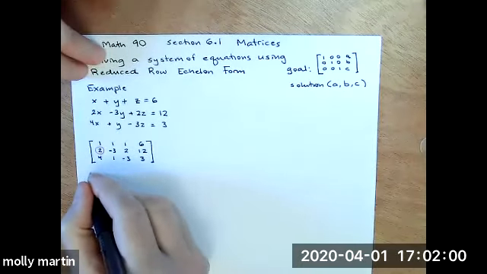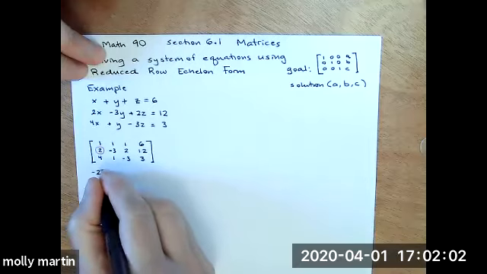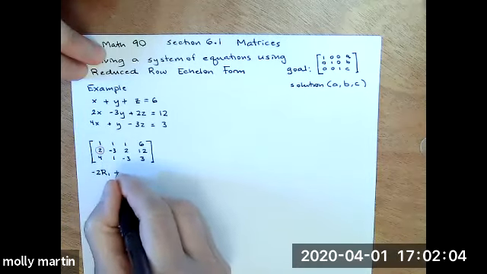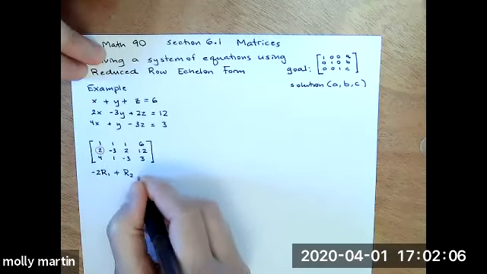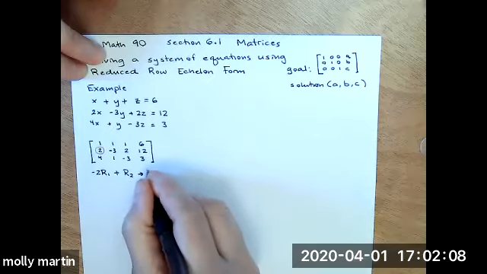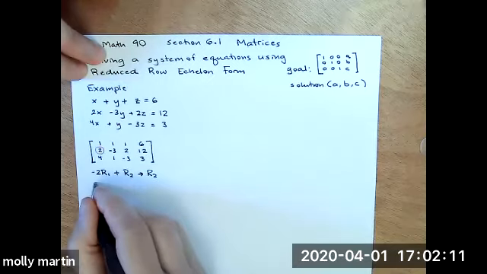So -2 of row 1 plus row 2 gives me a new row 2.